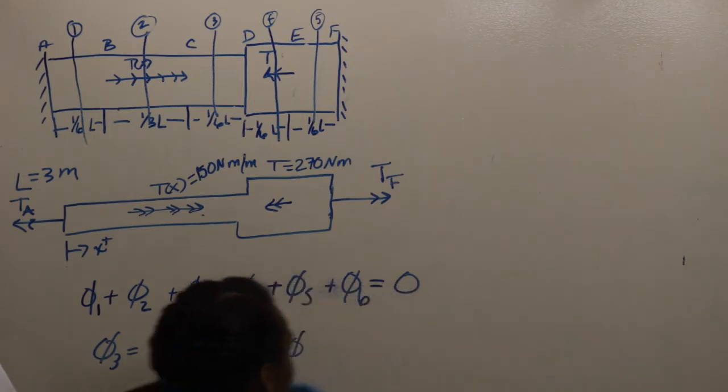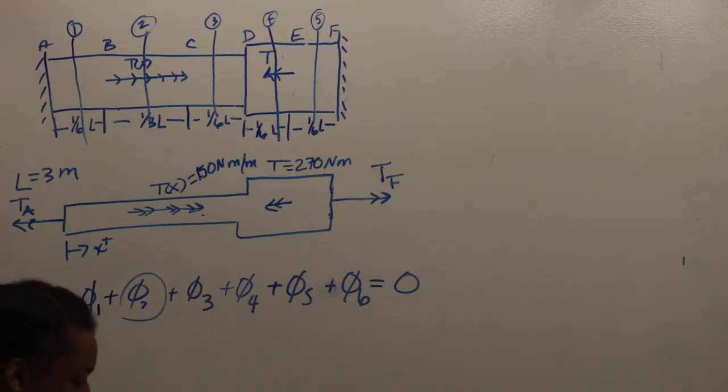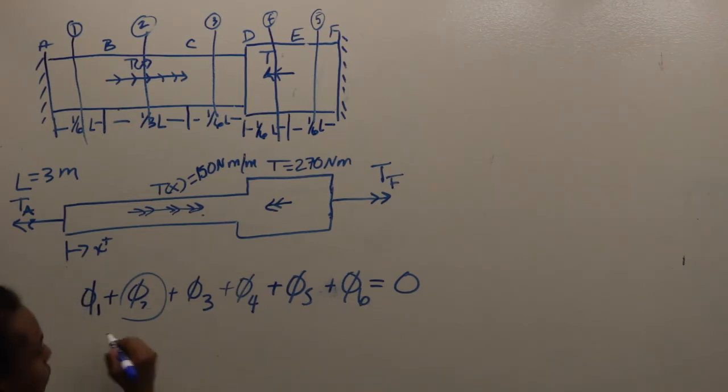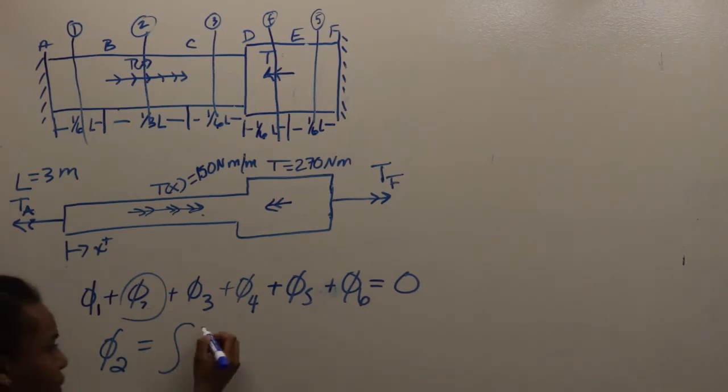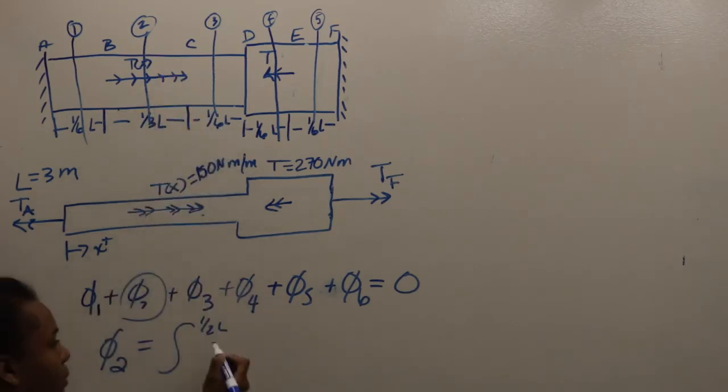I just want to point out that this angle of twist right here, number 2, because it's in the distributed torque, it's a special case, meaning that you'll have to integrate over a certain interval. It carries over the length of that distributed torque. So, in order to integrate, you'll integrate from 1/6 L, because that's where it starts, to 1/2 L, because that's where it ends.